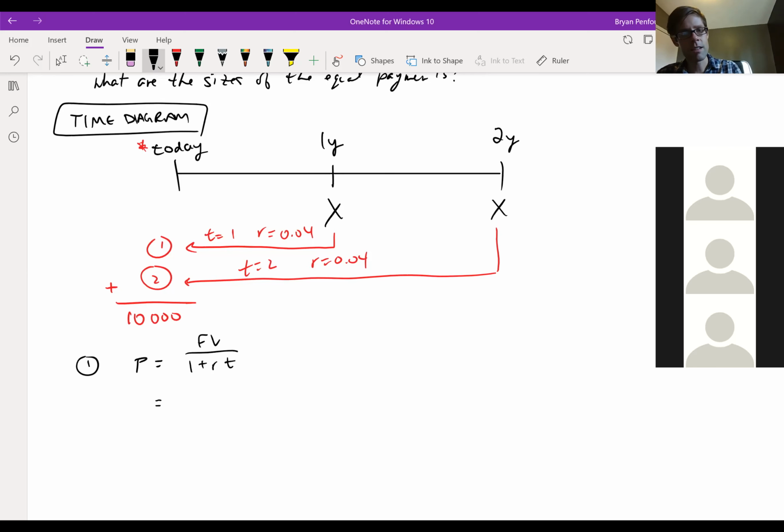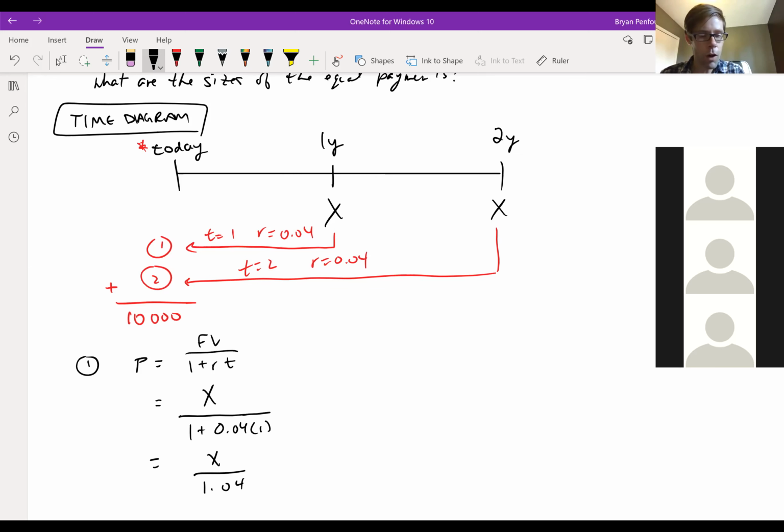We are going to pretend that this X is a future value, an amount of money that I have at some point in the future. So that's my future value. And we're going to discount, or divide, by 1 plus the rate times time. And if we simplify the denominator using order of operations, we get 1.04.